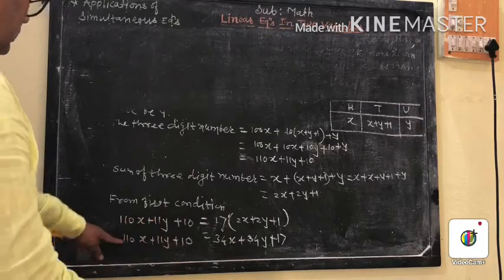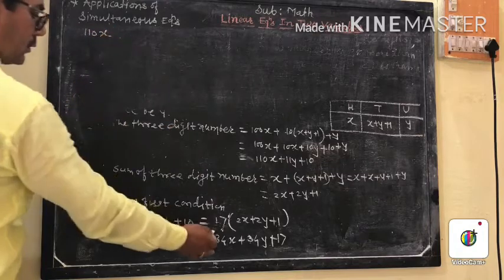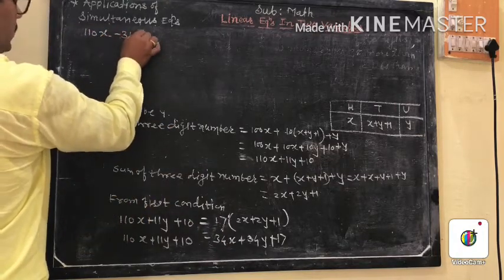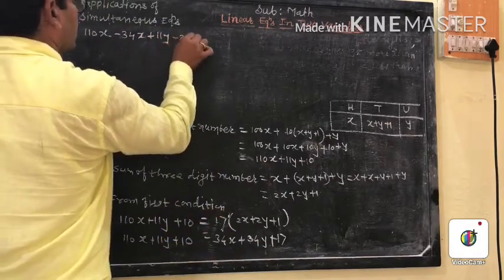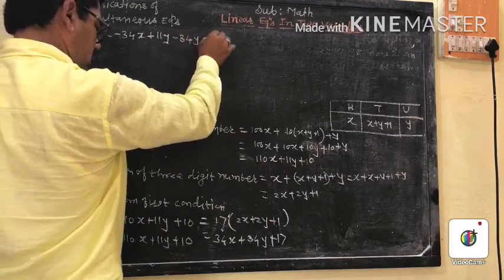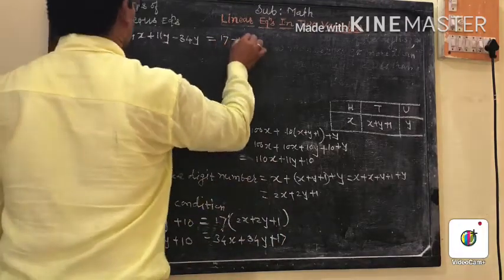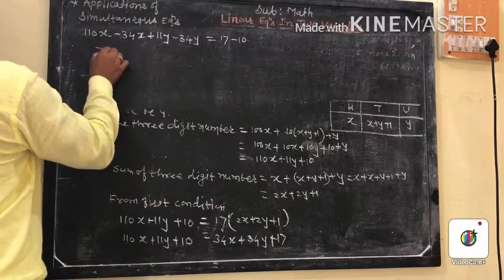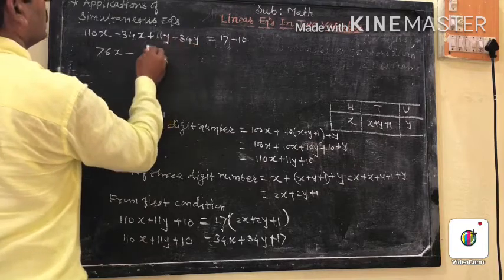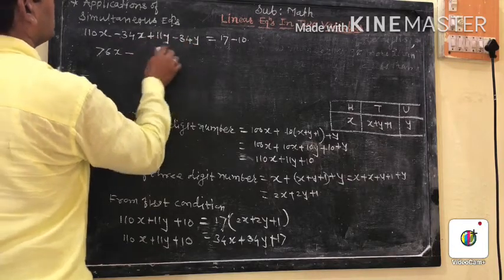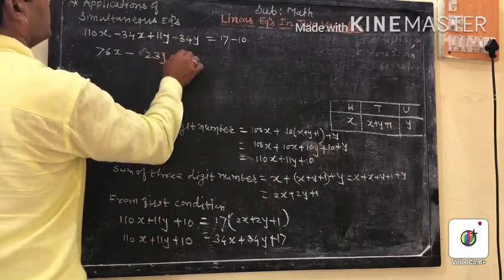Now simplify this. 110x minus 34x, plus 11y minus 34y, is equal to 17 minus 10, so the 10 goes to the other side as minus 10. This gives 76x minus 23y is equal to 7.